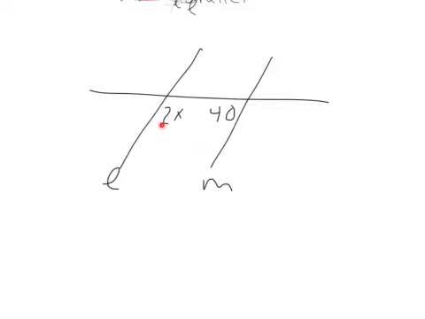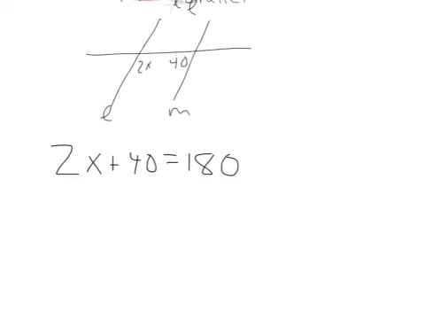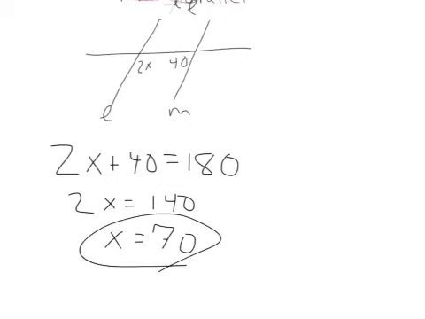Now consecutive interior angles have to add up to 180. So I would say 2x plus 40 equals 180. And the difference here was these were consecutive interior, which means they're supplementary. They are not congruent. And if we solve, we'll get 2x equals 140, and then if we divide by 2, we'll get x equals 70. So I know x would have to equal 70.